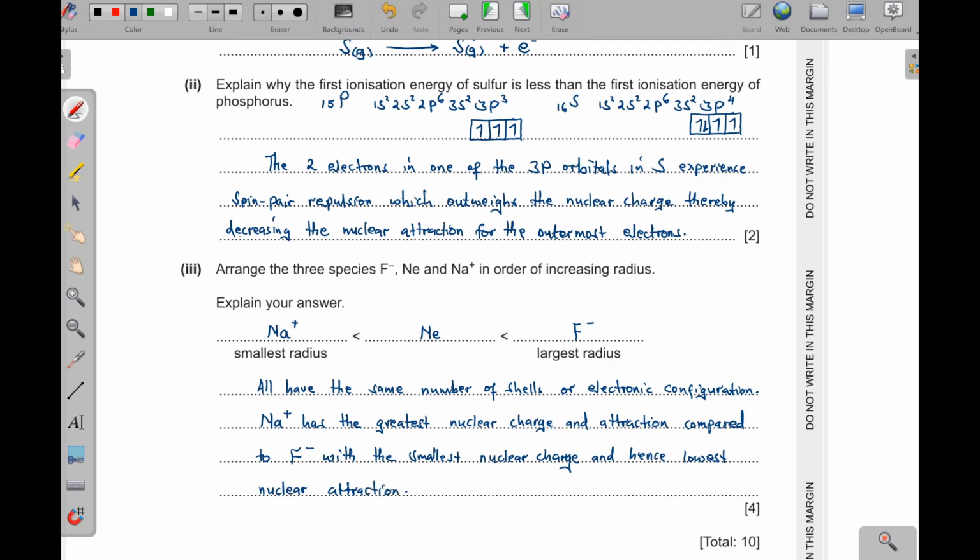So that is that. So the greater the nuclear attraction for the outermost electrons, the smaller is going to be the radius of that given atom or ion.